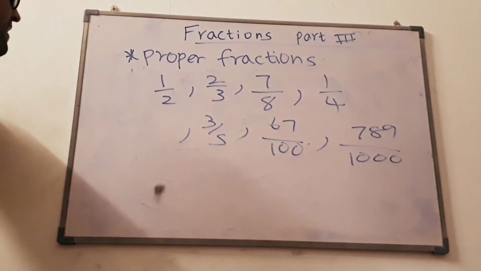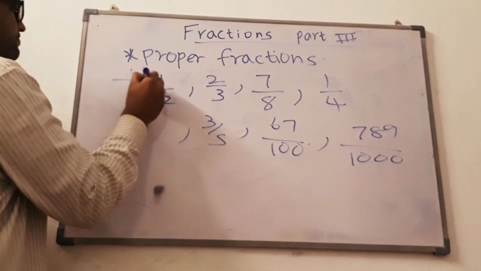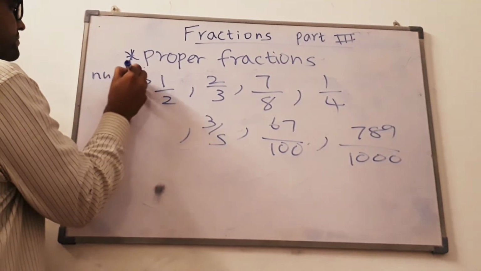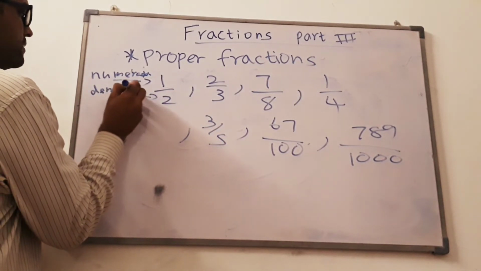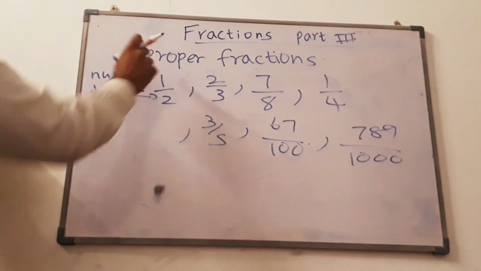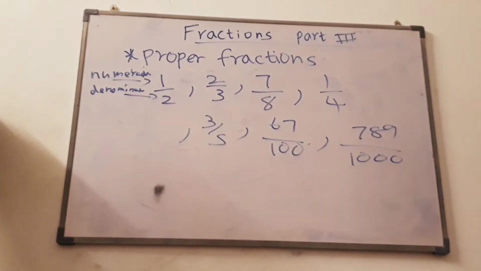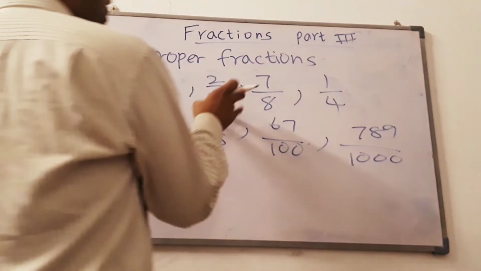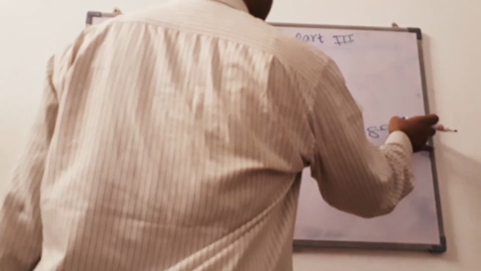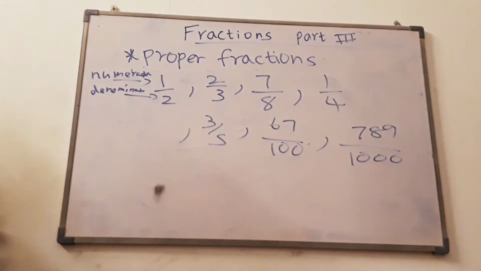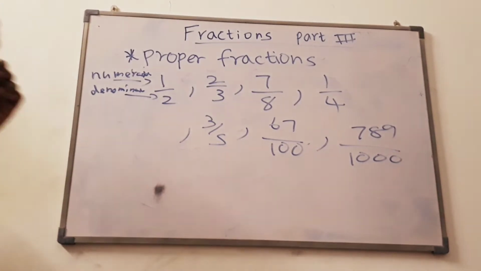Or in other words, in each fraction, numerator is smaller than the denominator. So when the numerator is smaller than the denominator, we call them proper fractions. Okay, so half, 2/3, 7/8, 3/5, 1/4, 67 out of 100, 789 of 1000, these are called proper fractions where numerator is less than denominator.